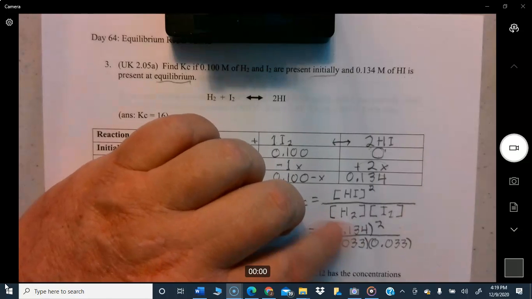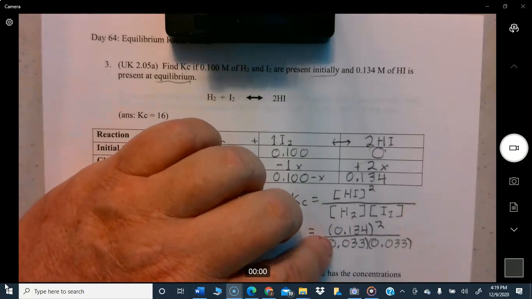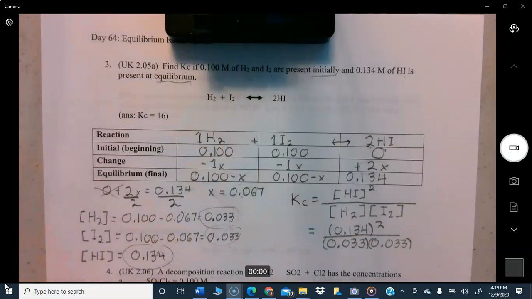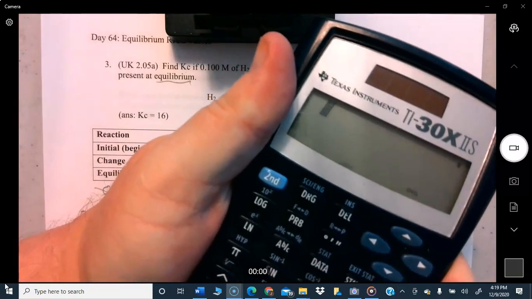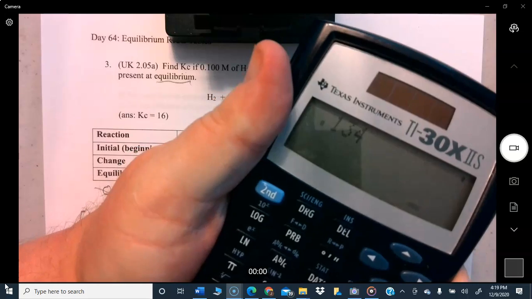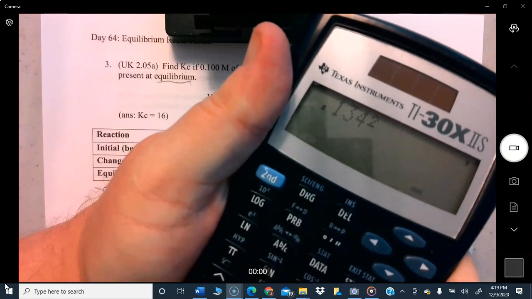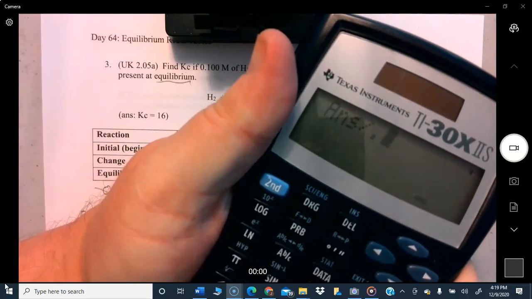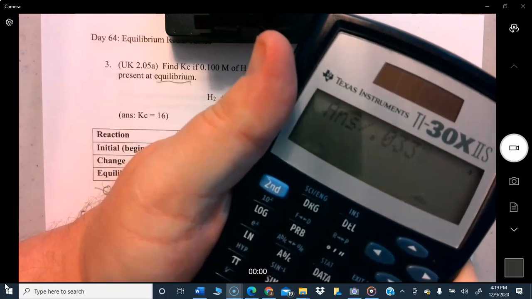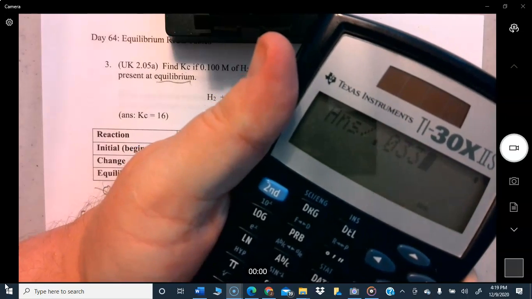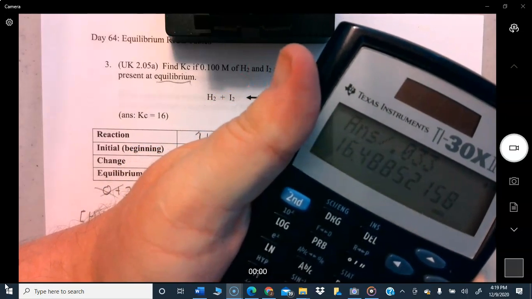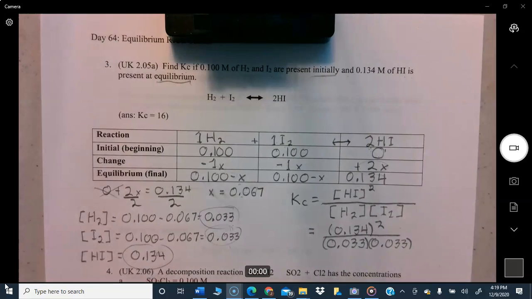If you want to play it safe, do the top first, write it down, then divide by the bottom. I'm going to do 0.134 squared, divided by 0.033, divided by 0.033 again, and there you get 16.5 as your Kc value.